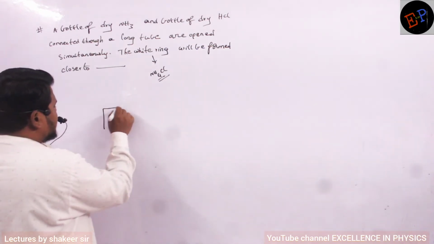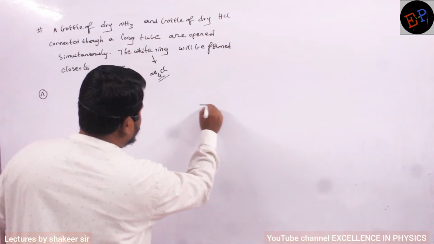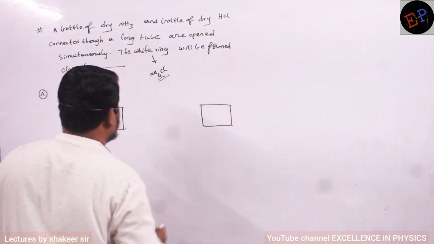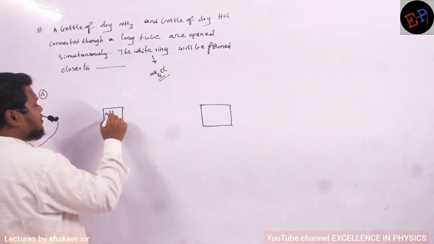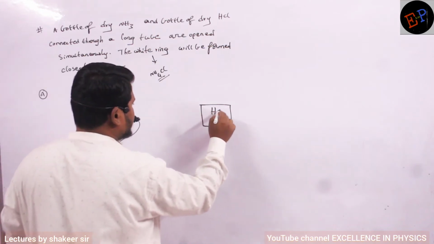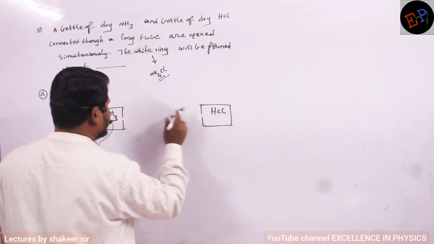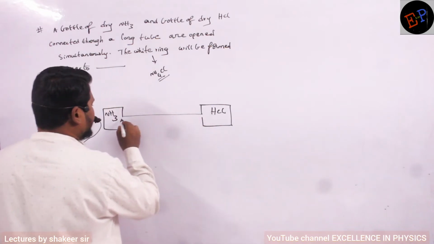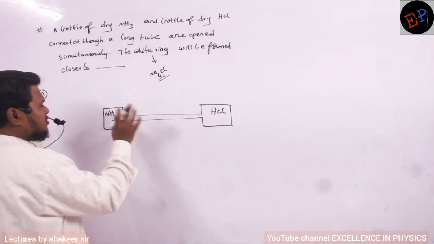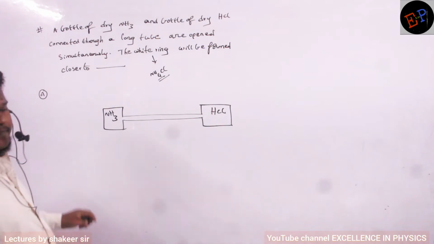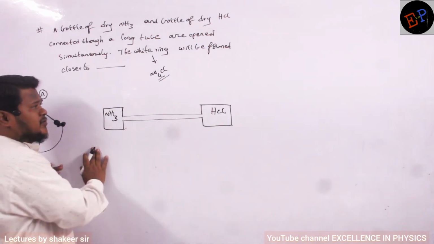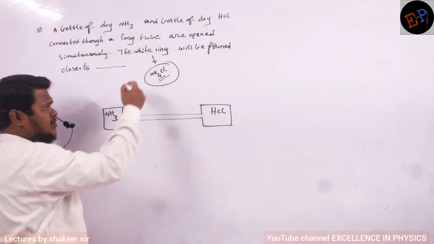So consider these are two boxes. Here I have NH3 and here I have HCl. Both of them are connected by a tube, clear? And both the tubes are opened. Then a white ring will be formed, and the white ring is definitely NH4Cl.